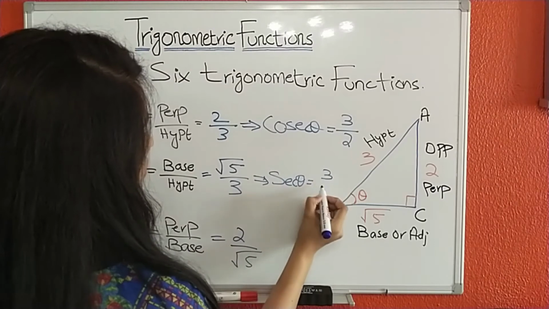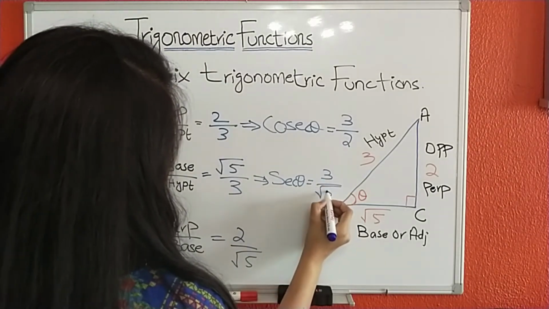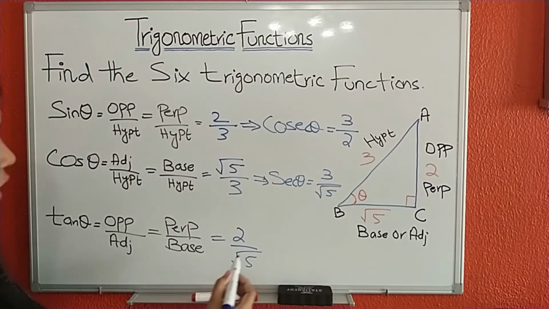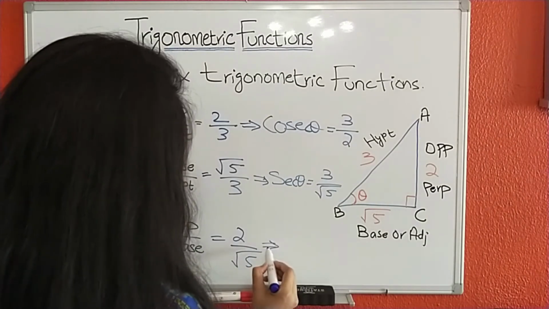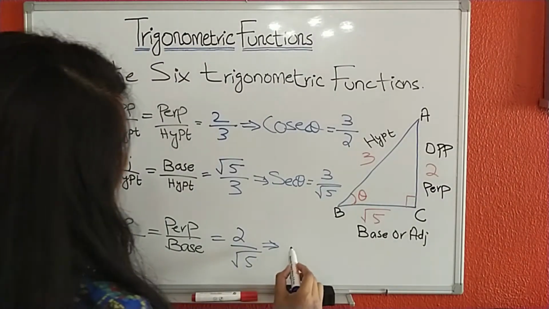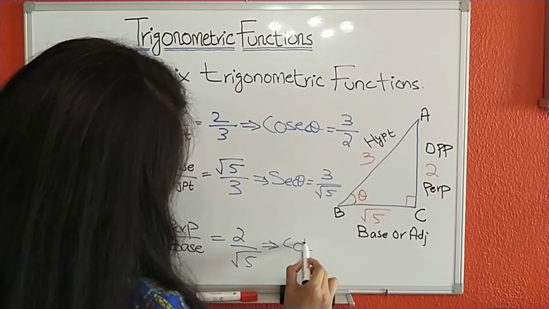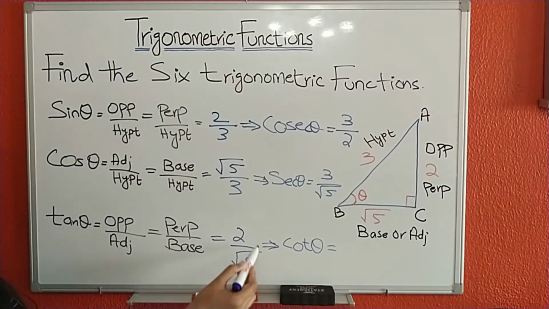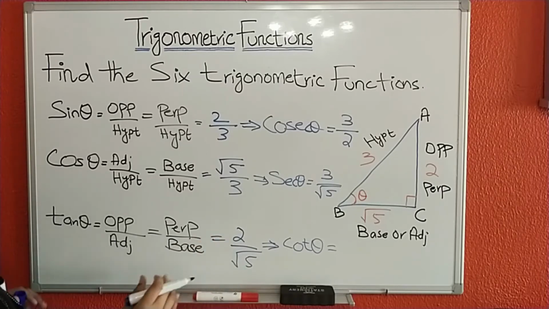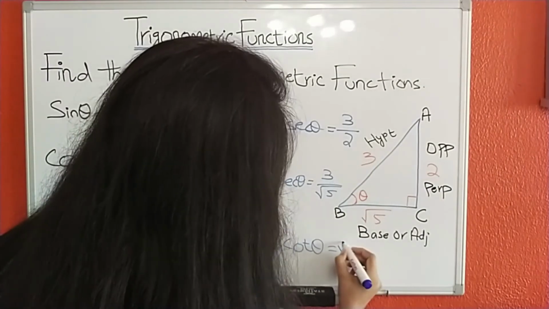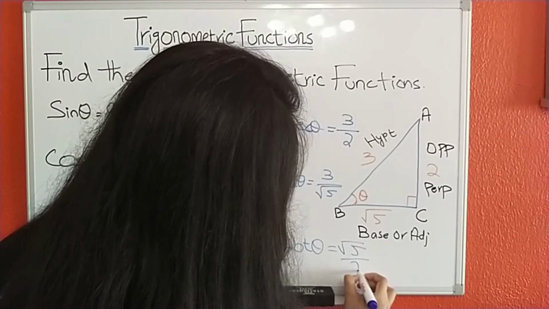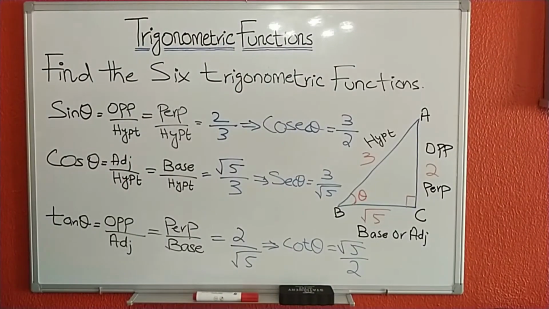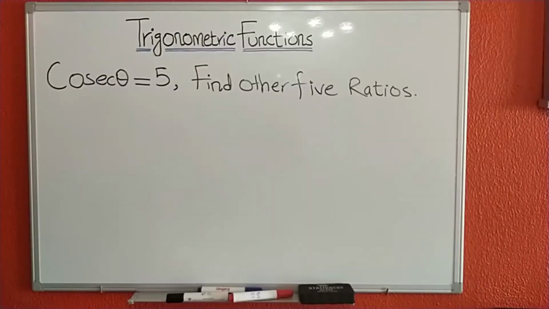So it will become 3 upon root 5. And reciprocal of tan theta is cot theta. And I am writing this answer in reverse form, so it will become root 5 over 2. So this is the answer of a very simple example or a very simple question.